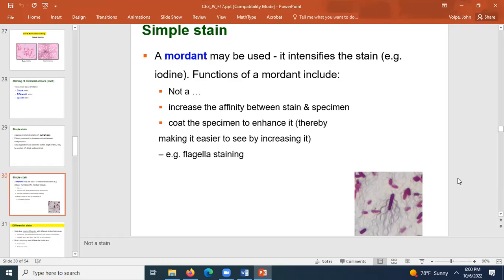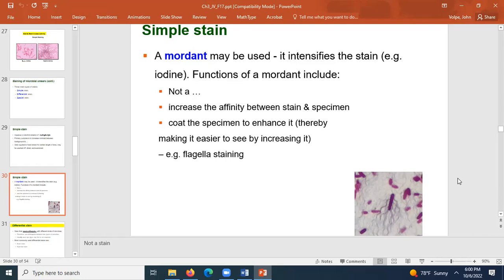A mordant may be used in a simple stain. A mordant is just something that is used that intensifies the primary stain. In the Gram stain, the iodine is actually a mordant.